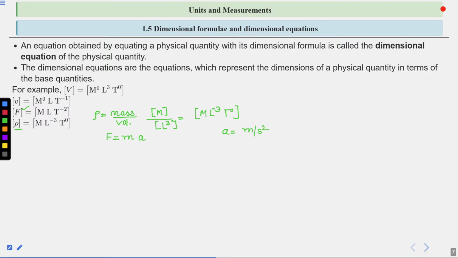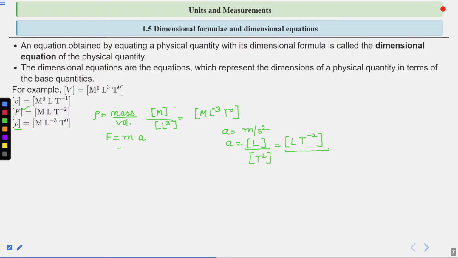So the dimensional formula of meter is L, divided by second square. Second square means time, so the dimensional formula of time is T square here. So it becomes L and T raised to the power minus 2. So this is the dimensional formula of acceleration.